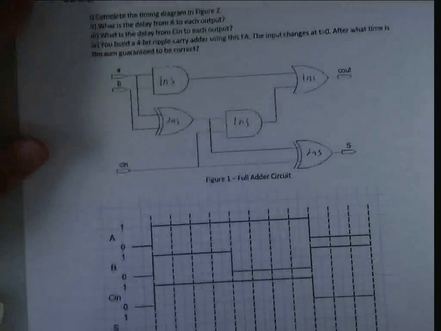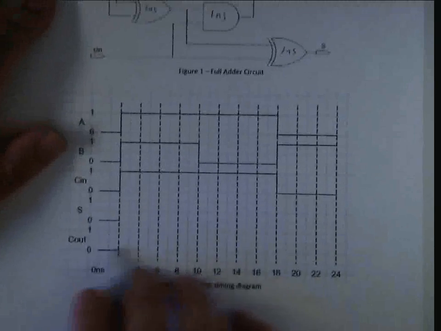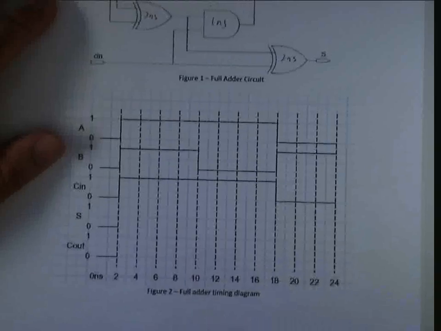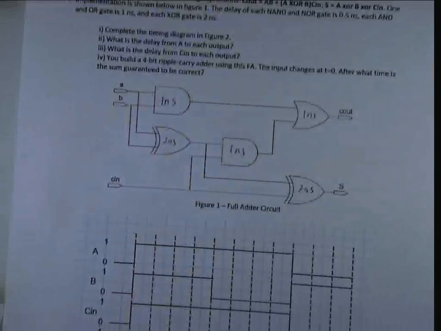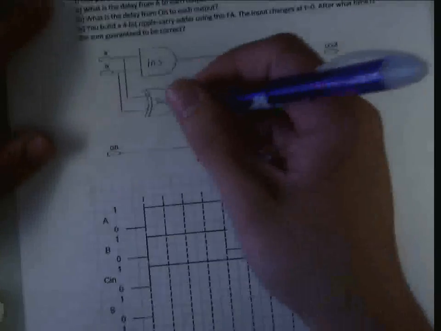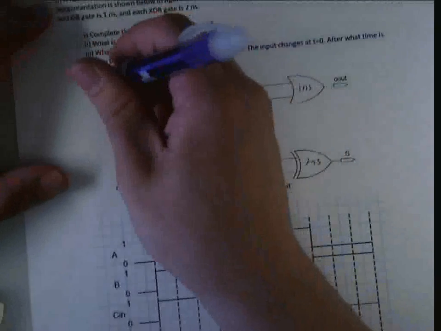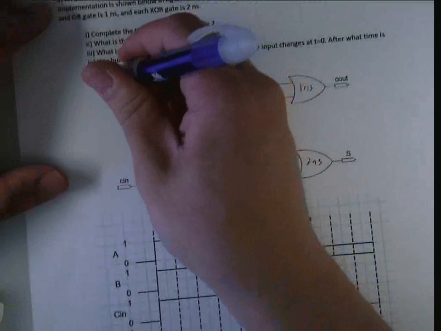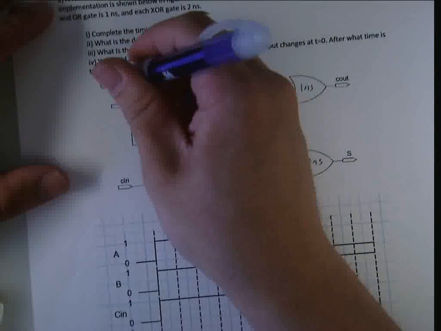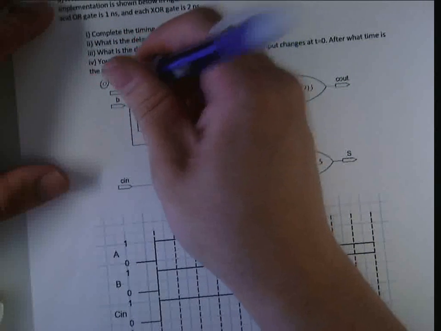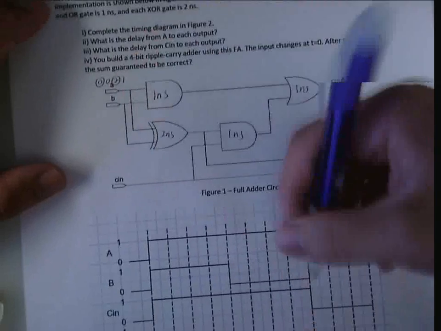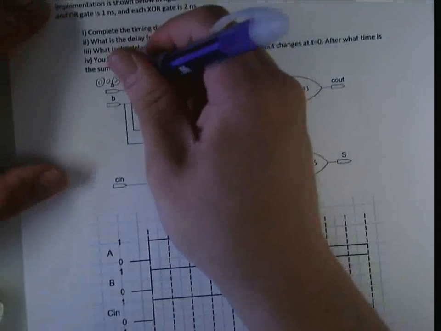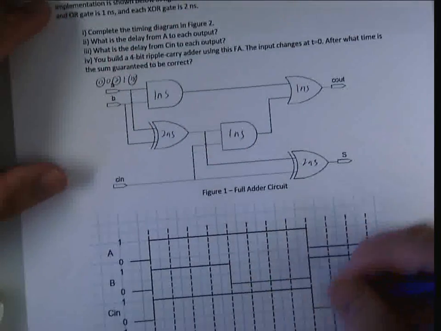But if you put 0 or undefined to start this off, both answers would be acceptable. But back to the problem. So, this starts off at time 0 and is 0. And then at 2 nanoseconds becomes 1. And then at 18 nanoseconds becomes 0 again.